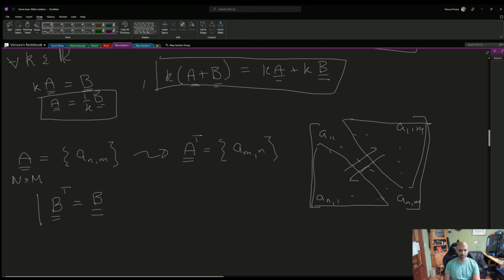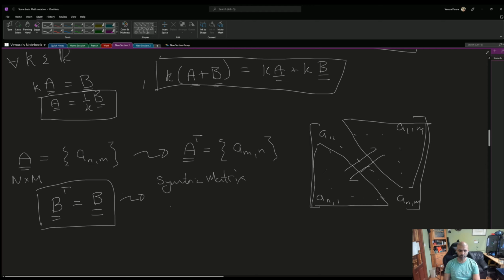For diagonal matrices, this can also be applied to what are called symmetric matrices. A symmetric matrix, similar to a diagonal matrix, is where the two triangles are equal.